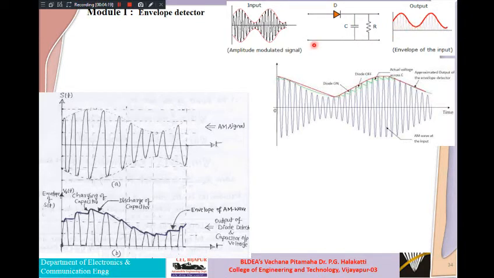So how can we do that? When you apply this amplitude modulated signal, which is made up of a series of high frequency carrier pulses, you can see it is like a sinusoidal signal containing both a positive peak, then coming down to negative, again going to positive, and like that the cycle is repeating.